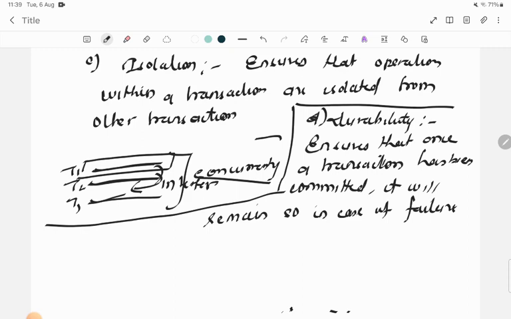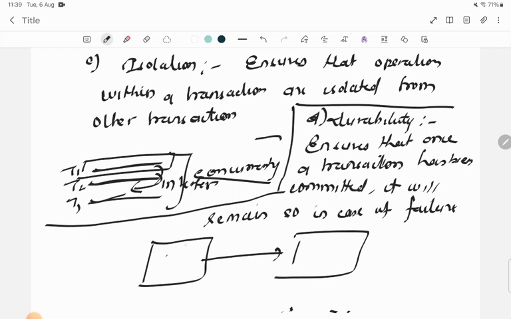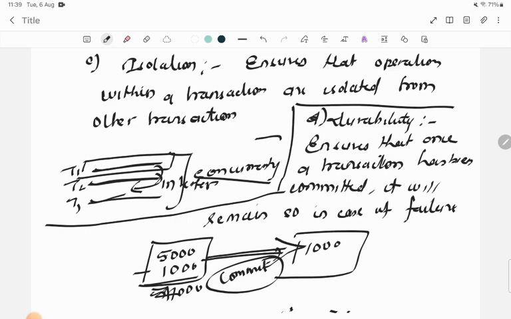It means that suppose this is your account, you have sent money to your friend's account. Okay, so here initially the amount was 5,000. So after you debited 1,000 rupees, your new amount is 4,000, and your friend's account has been credited by 1,000. It means that after this transaction has taken place completely, which is known as the commit state, full and final, suppose your app got hanged, or your internet goes, or something happens, nothing will happen to the amount.